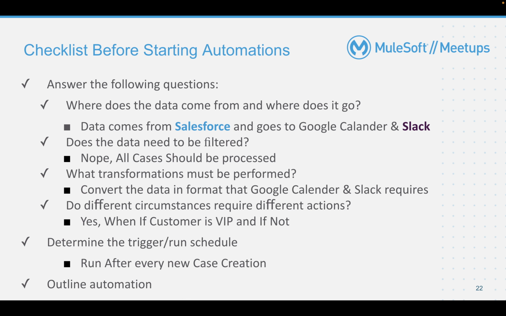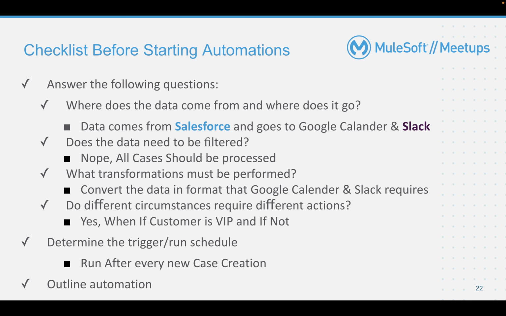So starting with your questions, where does the data come from and where does it go? Currently, when I create a case in Salesforce, it goes to Google Calendar and Slack, right? Then second question, does the data need to be filtered? No, because right now I want to concentrate on all the cases, and then based upon the VIP statuses, I would reroute inside my Composer flow rather than creating a dedicated flow.